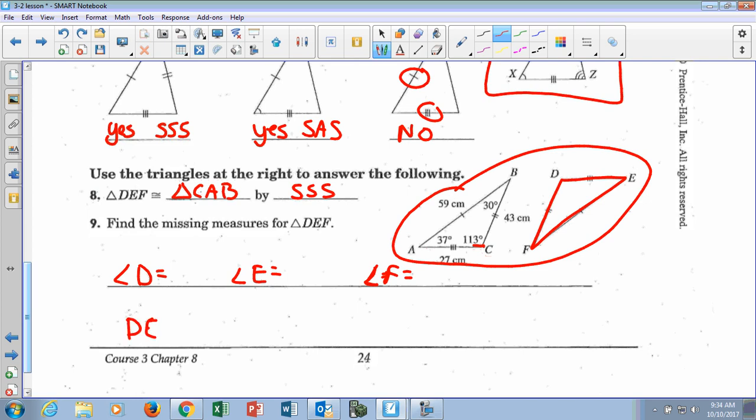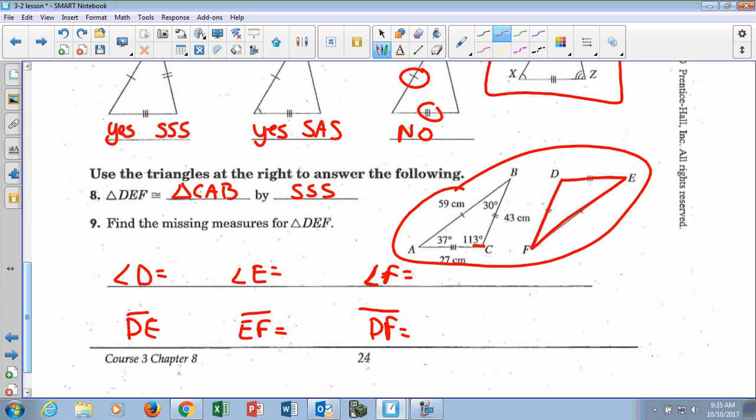We need to figure out what DE is, EF, and DF. So who wants to take one of those? By looking at the triangle to the left, ABC, how can we use that information to kind of help us out, figure out what DEF is?